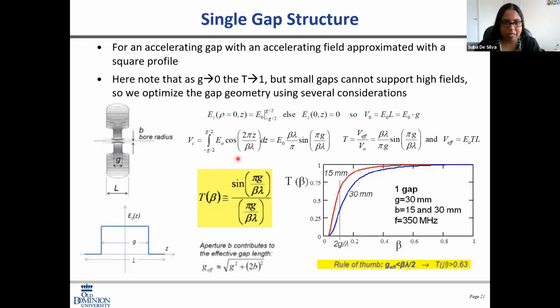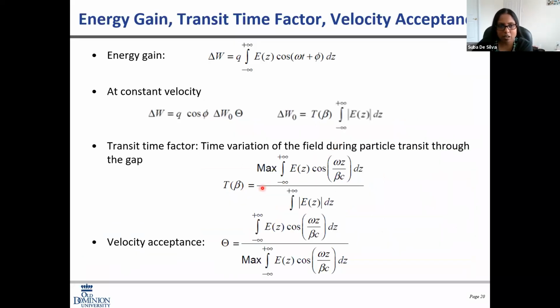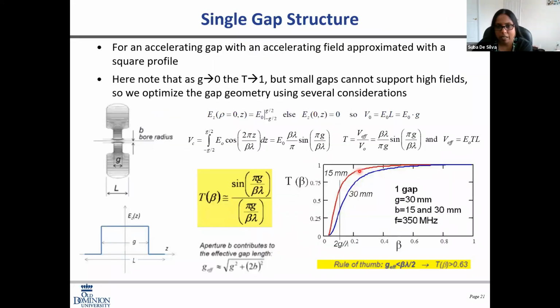And then once you integrate that between the gap, you get this term for VC. And then from the previous definition of the transit time factor, you can calculate the transit time factor formula for a single gap.